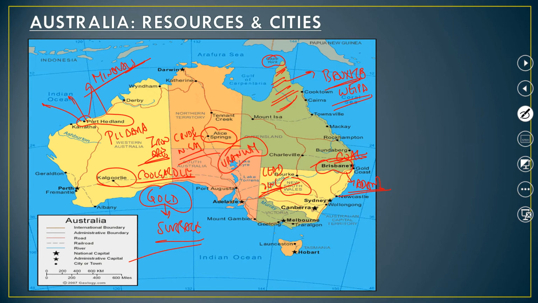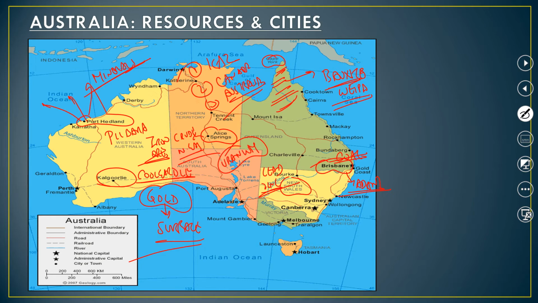Australia is one of the top producers of uranium in the world, and at one point of time it was the biggest producer of uranium in the world. At present, it's Kazakhstan which produces the most uranium, followed by Canada, followed by Australia. So this was all about the minerals of Australia.